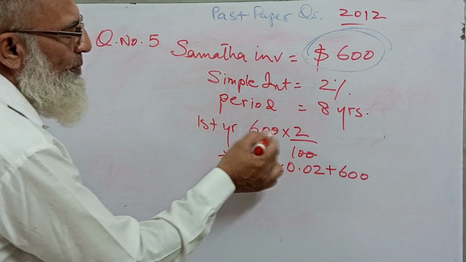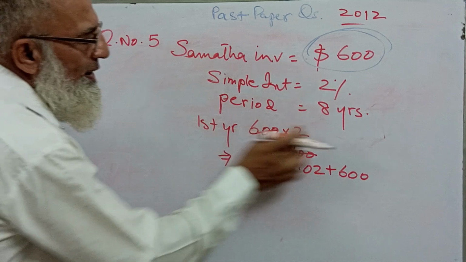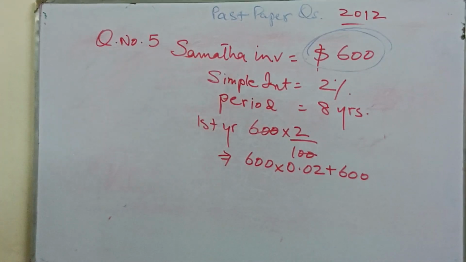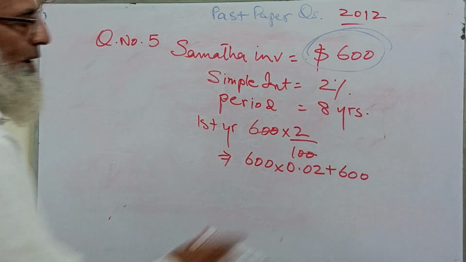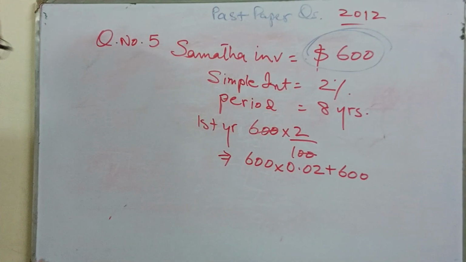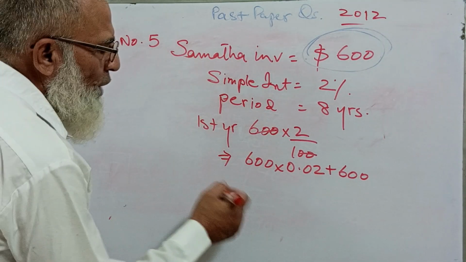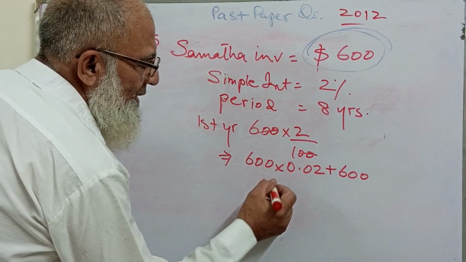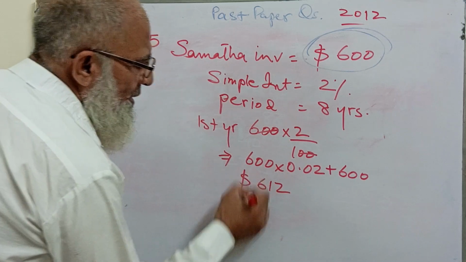For example, I proceed from here. You see that 6 twos are 12, and $12 is your simple interest. After the first year, your amount is $612.